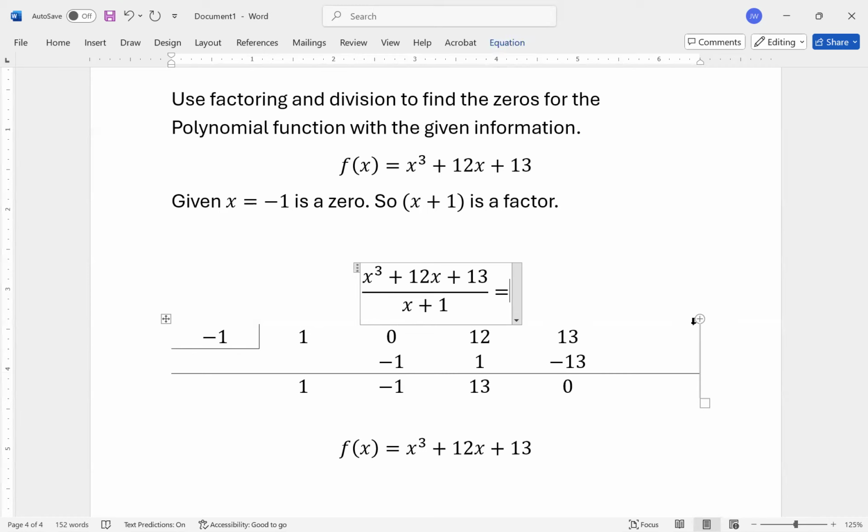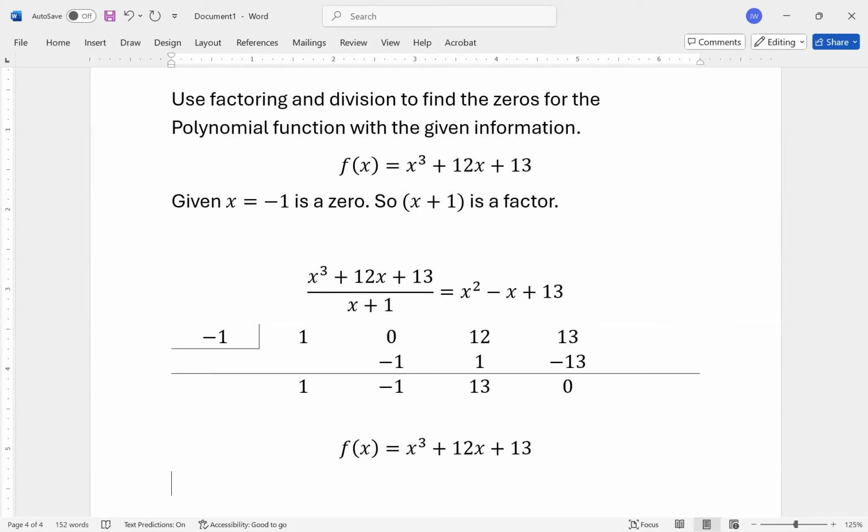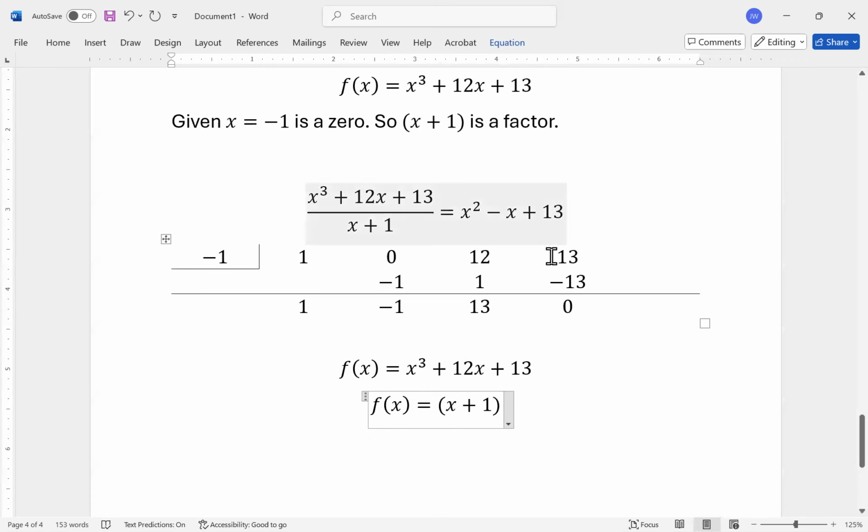So that division comes out as x squared minus 1x plus 13, which means my function, my f of x, can be written as the polynomial x plus 1 multiplied times x squared minus x plus 13.